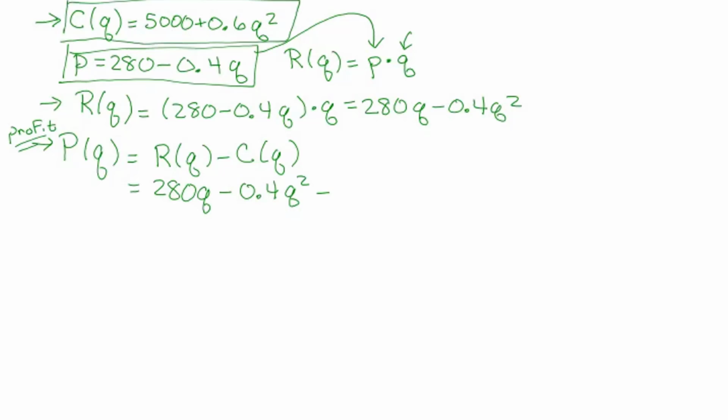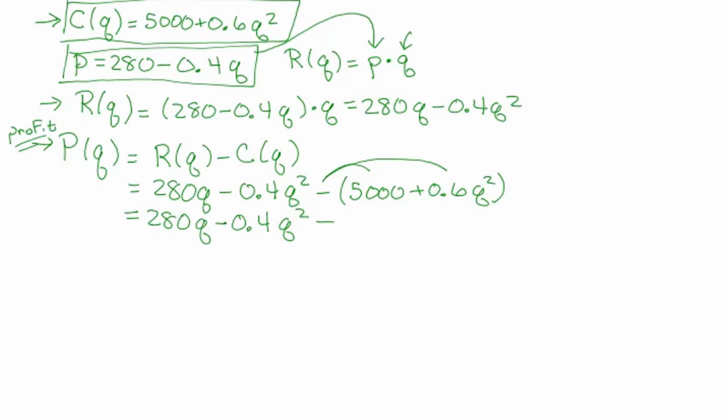Now let's subtract cost, and our cost function was up here. So minus, let's put in parentheses so we know to distribute that negative, 5,000 plus 0.6Q squared. So next, let's distribute the negative, and we get 280Q minus 0.4Q squared minus 5,000, and then distribute the negative, gives you minus 0.6Q squared.